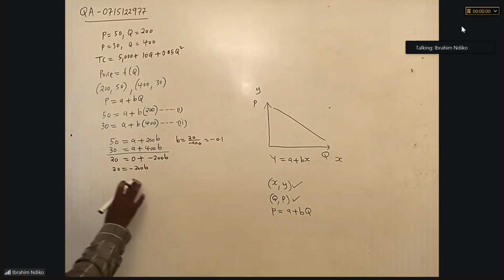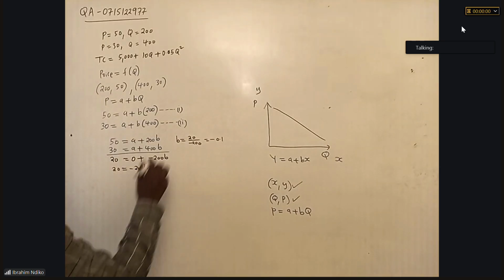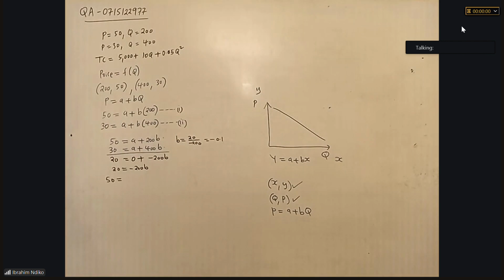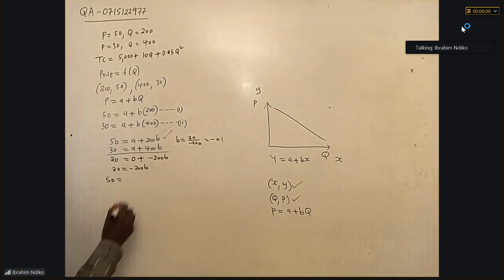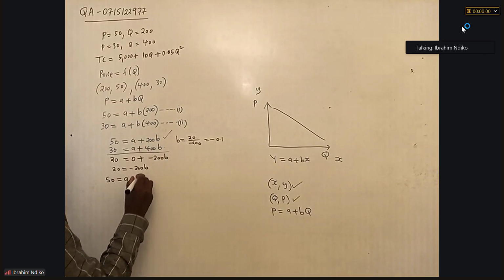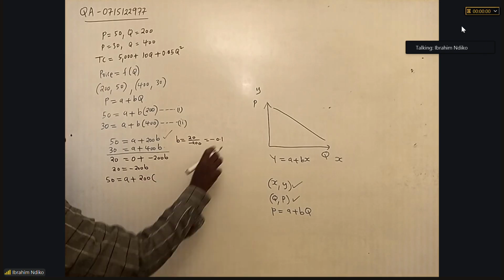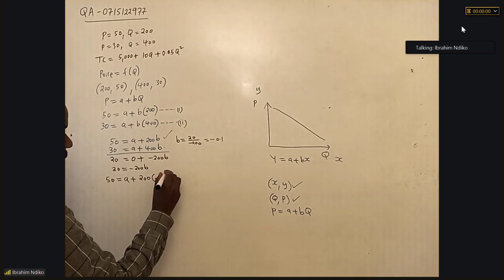Now, let us find A. 50 is equal to, so I'm going to use the first equation, this one. You can use either. A plus 200, our B is minus 0.1.